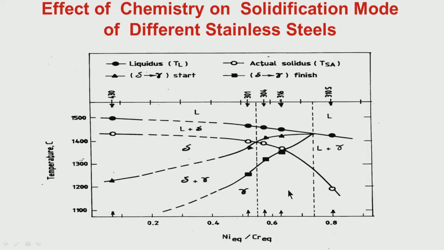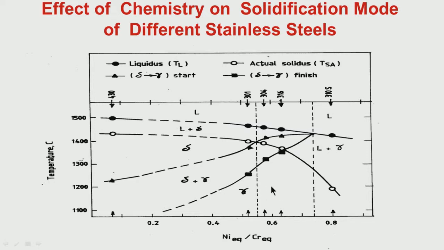Now, I have put a dotted line here. What is this? Nickel equivalent by chromium equivalent, it is 0.55. Why have I put it? Because you see this changeover between the delta to gamma line and the solidification complete line. What is the implication?